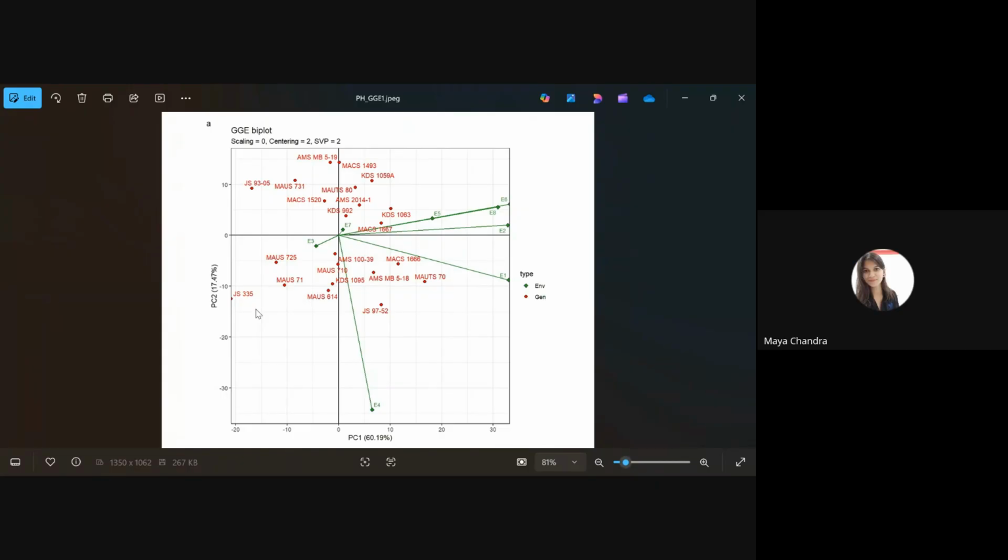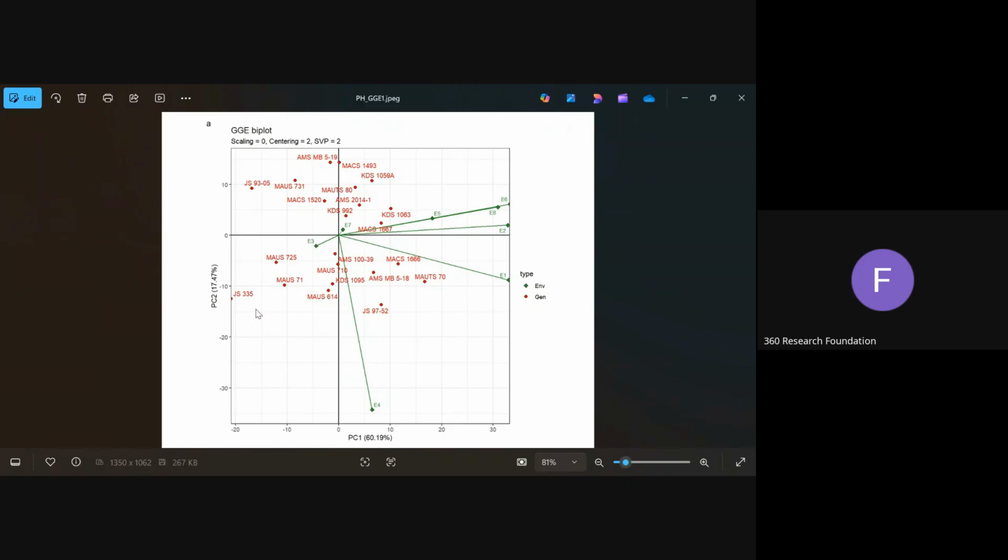Maybe not suitable to any environment. Why? Because it is far away from the origin, and the E3 vector is in this direction, but it's not close enough.